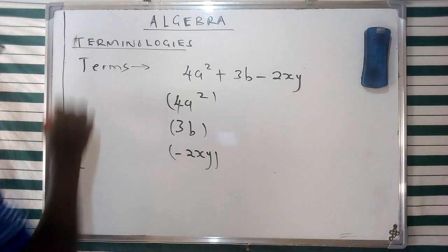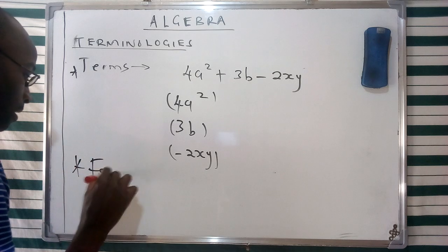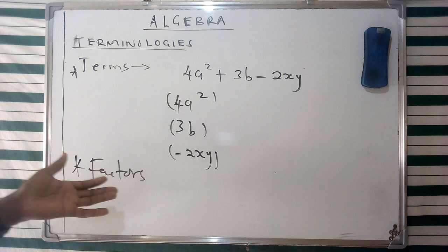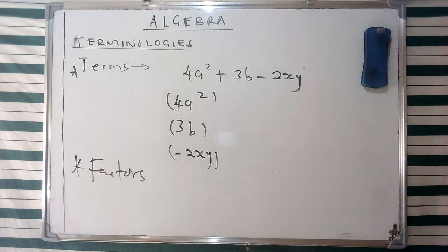And then next we're going to look at what we call factors. In this particular case, factors are the quantities which are multiplied together to form the final product.